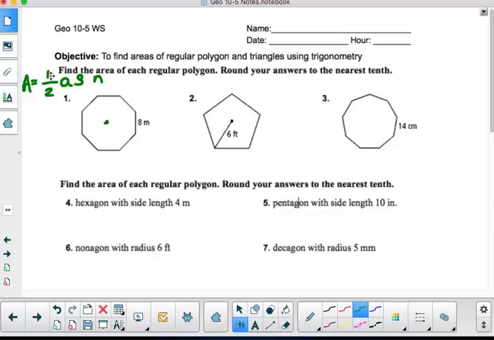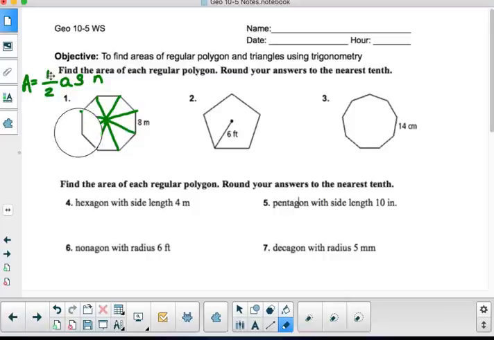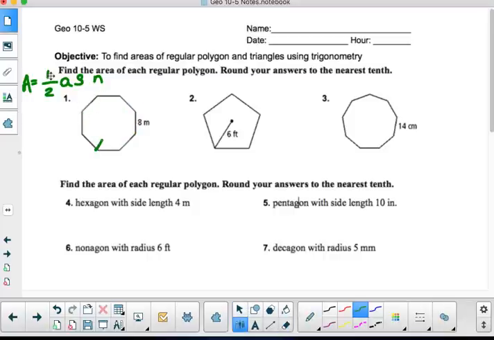Since I have an octagon, I am going to have 8 isosceles triangles. All of them are supposed to be the same. The way I just drew that, they really do not look the same, but they're all supposed to be 8 identical triangles.